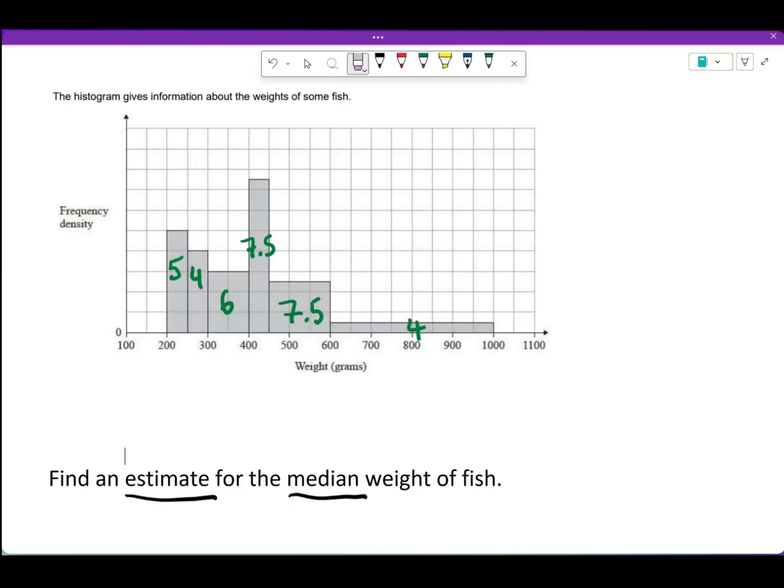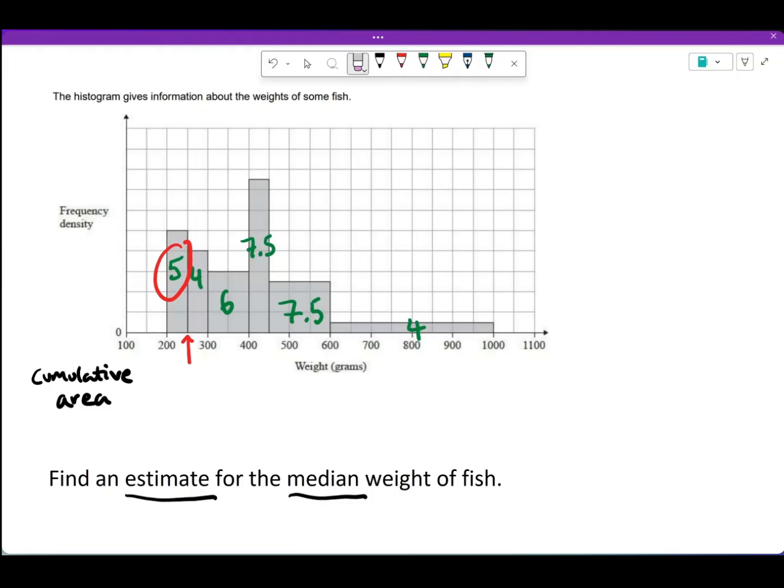Now in order to start the process of finding the median, I need to write out the cumulative frequency. We don't know the actual frequencies here, we're using the area to represent it. So essentially we're working out the cumulative area. So I'm going to create a row at the bottom called cumulative area. Up until the end of my first class here, we have a total area of 5.